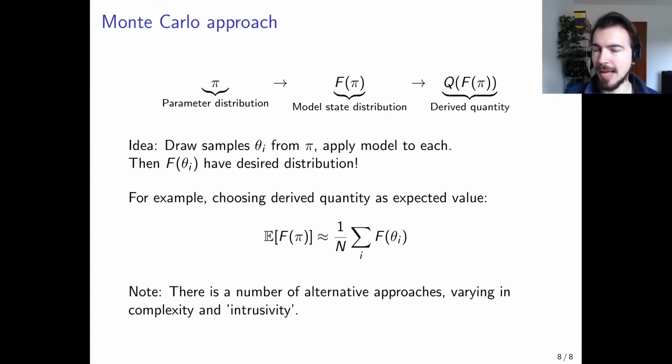So you can see that this can become very costly soon, and this is why there's an entire zoo of methods which try to come up with more efficient ways of sampling, or even going into a more, well, intrusive way if you look at it from an engineering perspective, where you try to modify your model such that it already caters to some of this pushing forward of distributions. In that case, for example for polynomial chaos approaches, you can get some very efficient methods, at the cost of having to modify your model quite heavily.